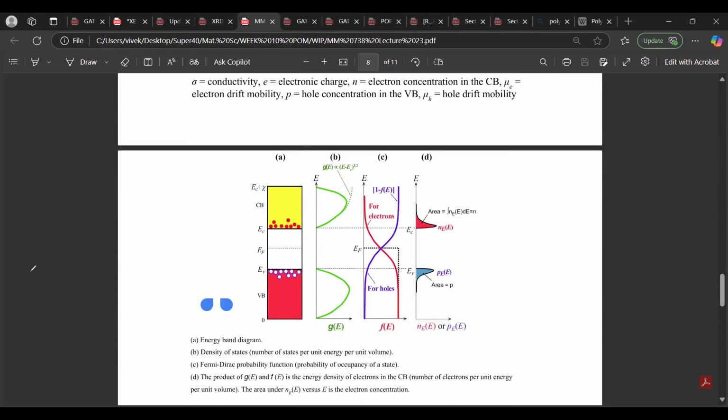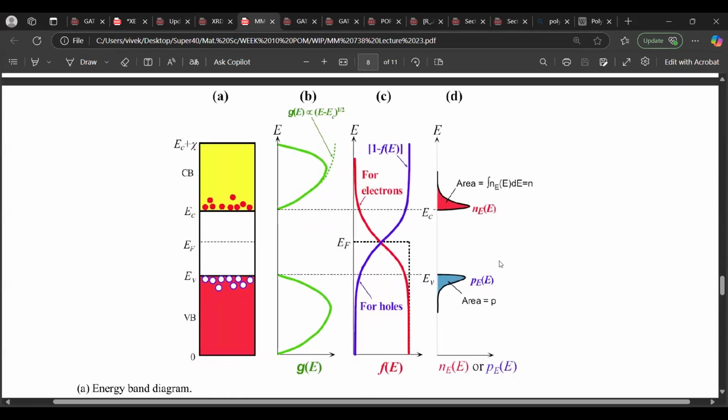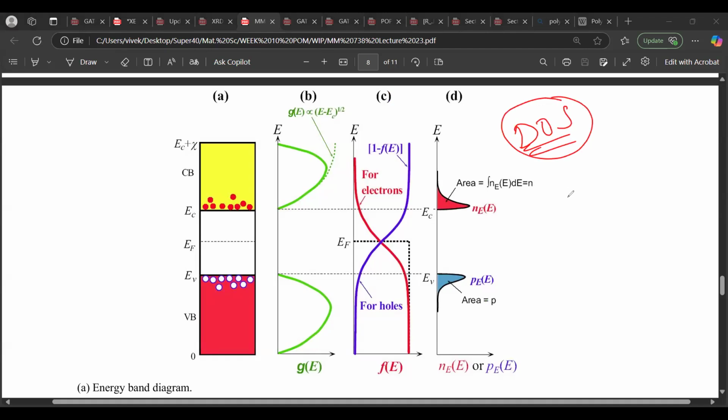See here, this is the graph. If you have just seen this graph, you can answer that question so easily. It's saying the same thing, how density of states. We have already given a lot of time to teach you density of states, how to calculate density of states in 1D, in 2D, in 3D. This question is also asked in GATE. The calculation is one thing, but understanding is very simple.